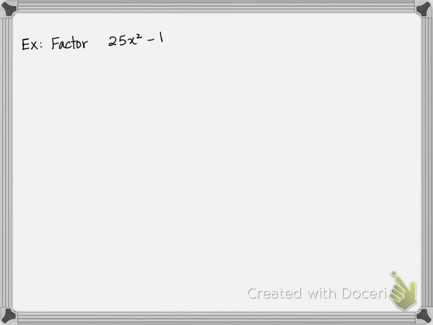So this is a binomial. The first term is a perfect square because 25 is 5 times 5, x squared is x times x. The last term is also a perfect square because 1 is 1 times 1. And it's a difference because there's subtraction between the terms.